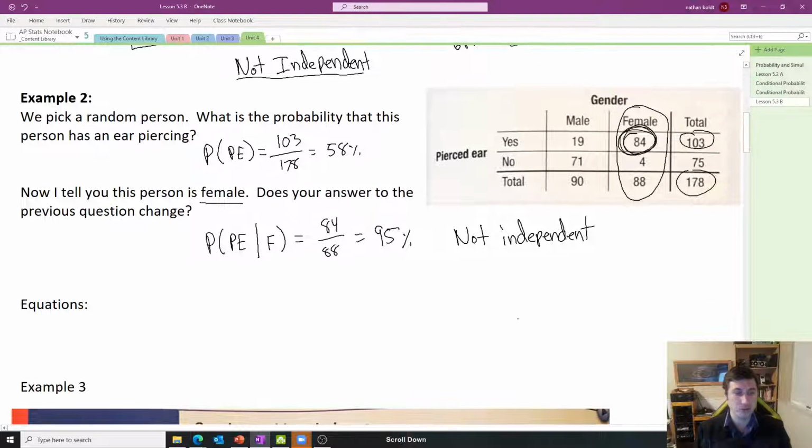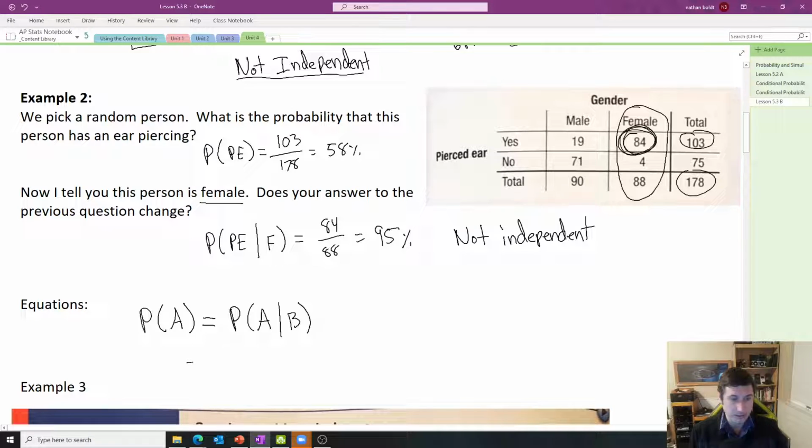Okay? So, what is the general equation here for independence? We first take the probability of an event, the first one, and we compare that to the probability of that same event given something else has occurred.